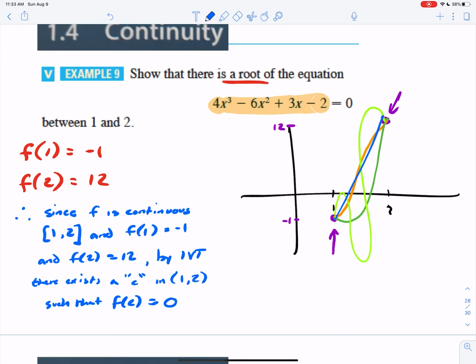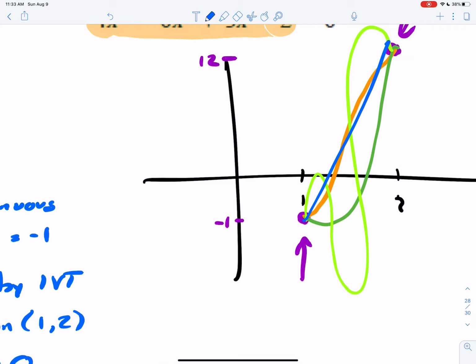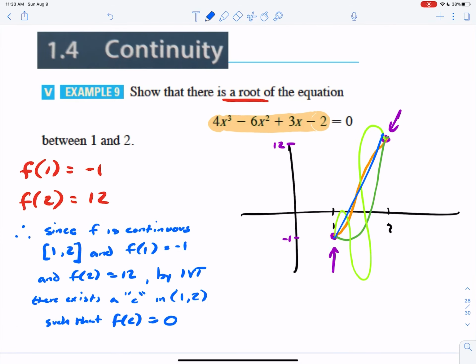Okay? Now look, you guys are not going to get comfortable writing this unless you practice. Okay? It may look a little bit new, but you got to keep practicing until it gets good. Okay? We don't know exactly where the root is. We can just prove, we can guarantee that eventually this graph will cross the x-axis. Okay? We can guarantee the existence.